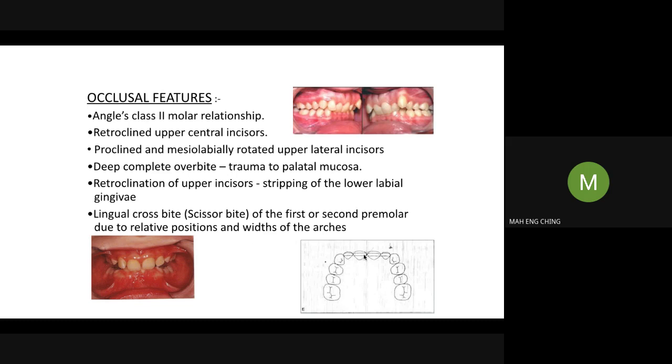So if the incisor is brought backward, it means you have a widening of the upper arch a little bit. So this premolar width is going to be increased. If the premolar width increases, it causes scissor bite. So upper incisor retroclination will cause the widening of the premolar width, which will cause a scissor bite. It just means the scissor bite on the premolar area.